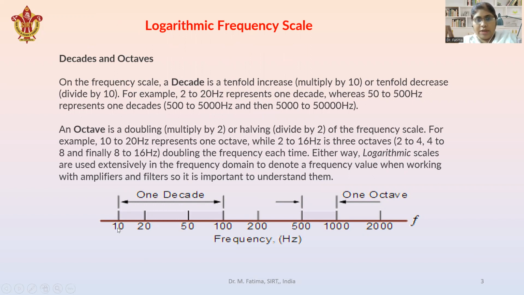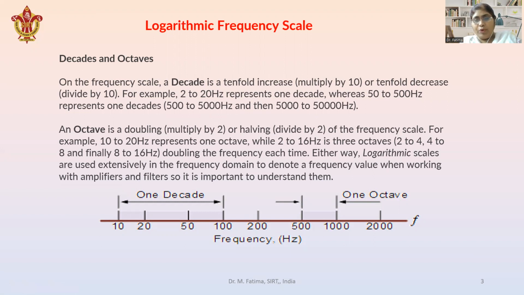On this you can see it is written 10, the next one is 20, the next scale is 30, 40, 50 till 100. So on the log scale, the values are written like this: 10, after 10, 20, 30, 40 till 100. But after 100, the value will not be 110.